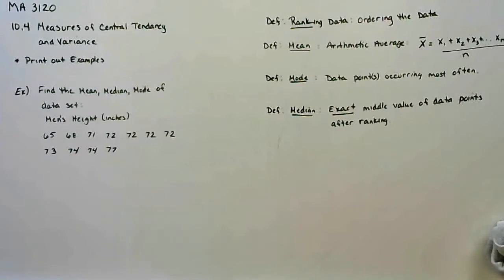When I typed up this example, I went ahead and ranked it already just to save a little time. Remember, ranking means put it in order. Okay, now let's go through each one of these.